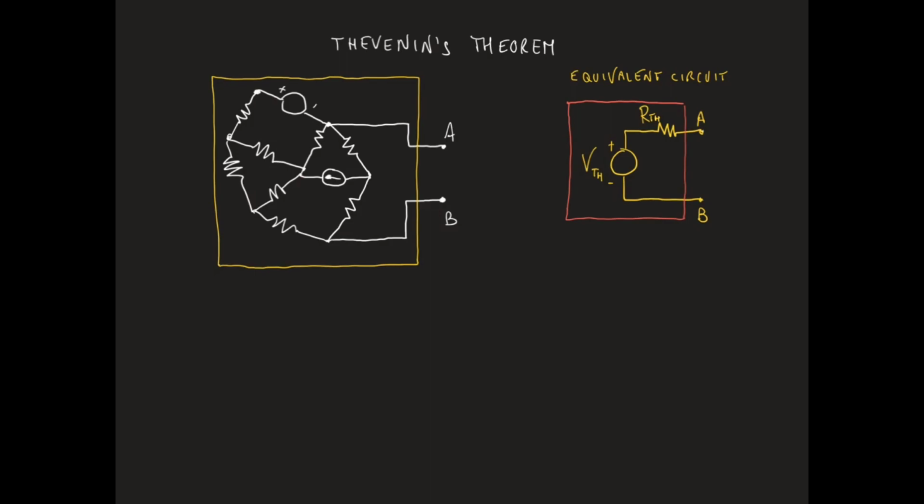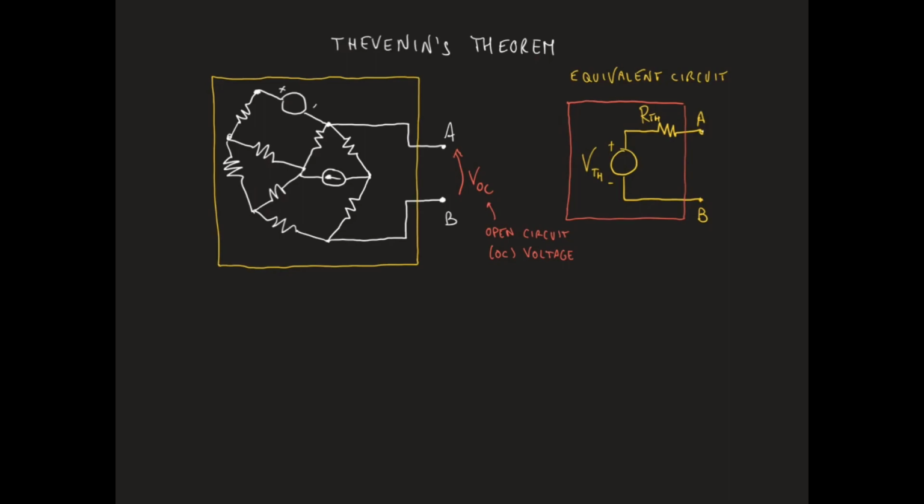In particular, if the two circuits are equivalent, then the open circuit voltage between terminals A and B, which is the voltage between the two terminals when no load is attached, we call it VOC, open circuit voltage, will be the same as the open circuit voltage between nodes A and B in the equivalent circuit.